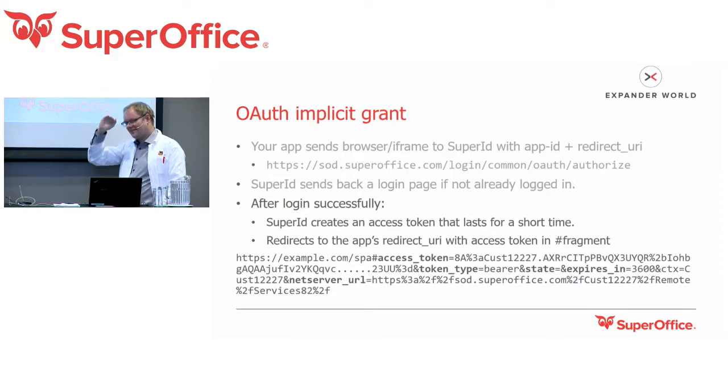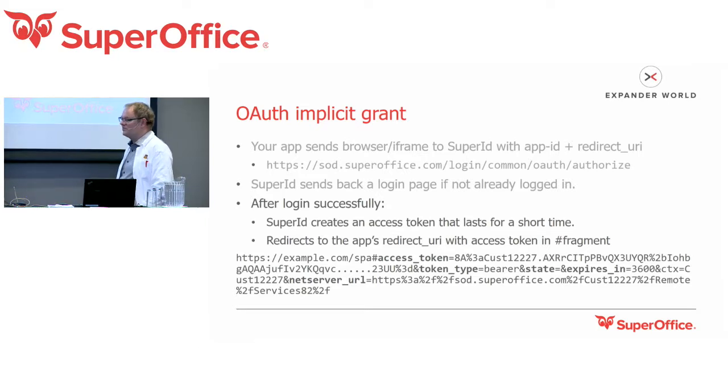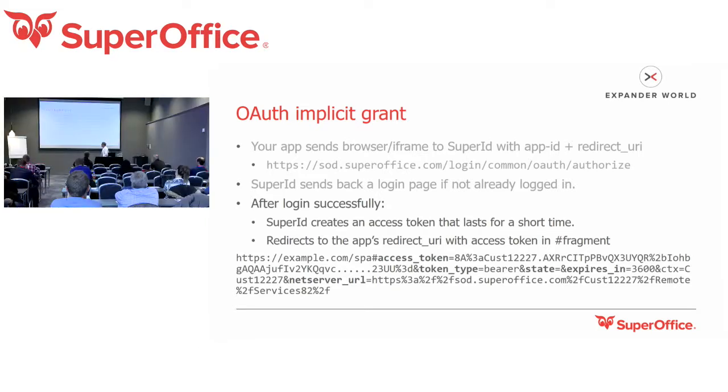That place has to be on a list of approved URLs. You have to register where your app can go. So there's a whitelist, and you can't hijack this to redirect the access token wherever you want. It has to be one of your pre-approved URLs. And it builds this ginormous string after the hash that the JavaScript in your app can then parse out.